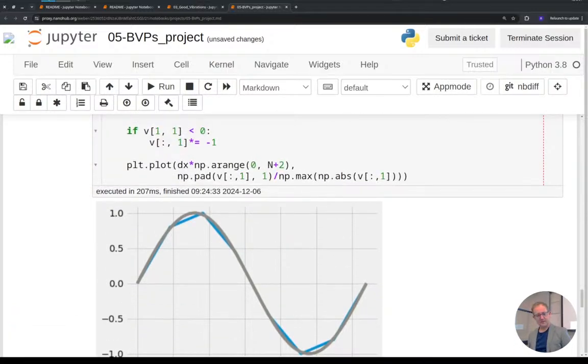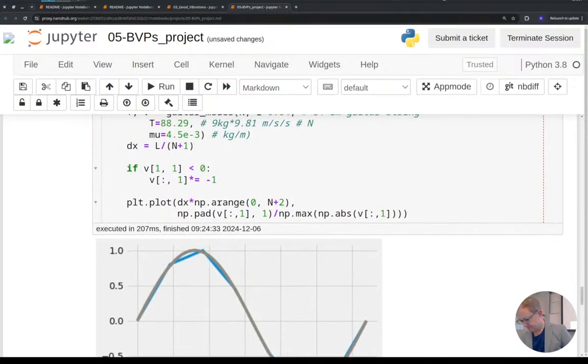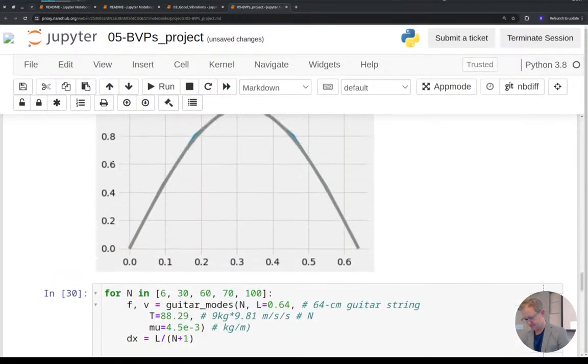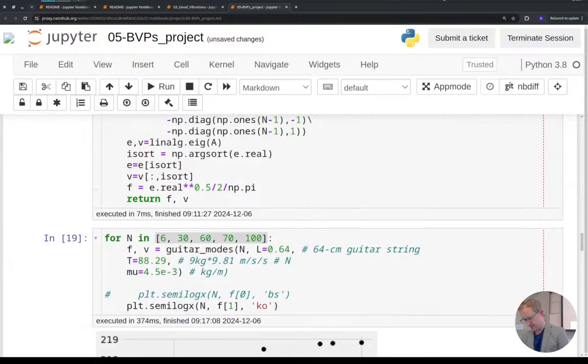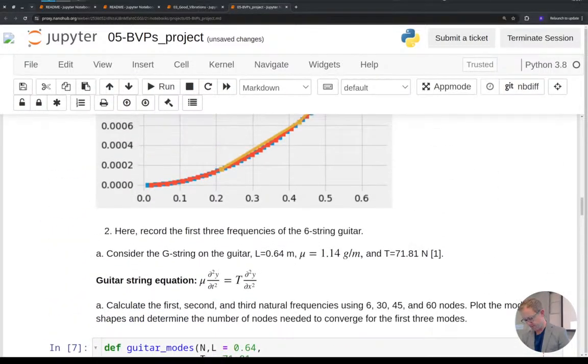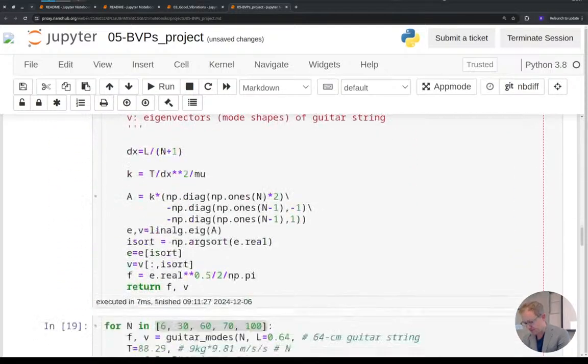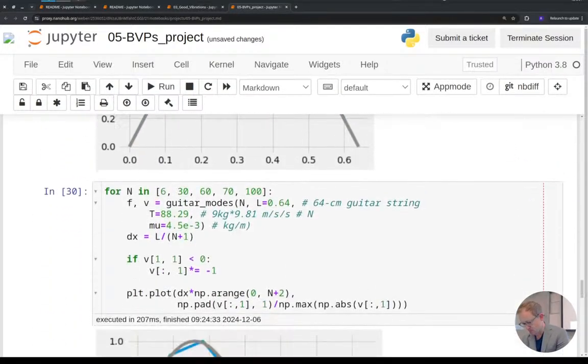So just using some of our derivative knowledge there. And then I think we want to do mode 3, right? First 3 modes, yeah. So we'll do one more.